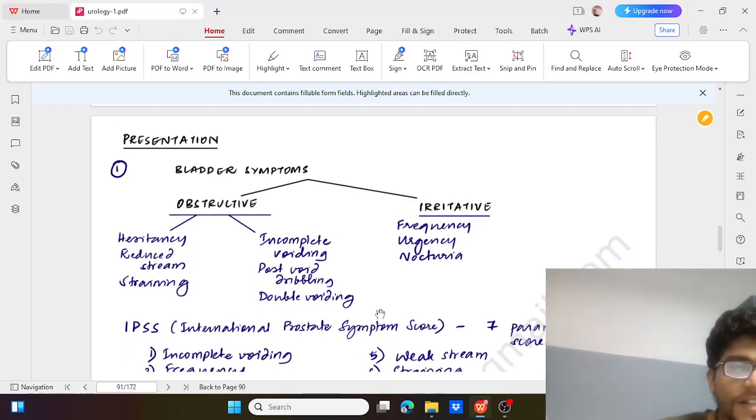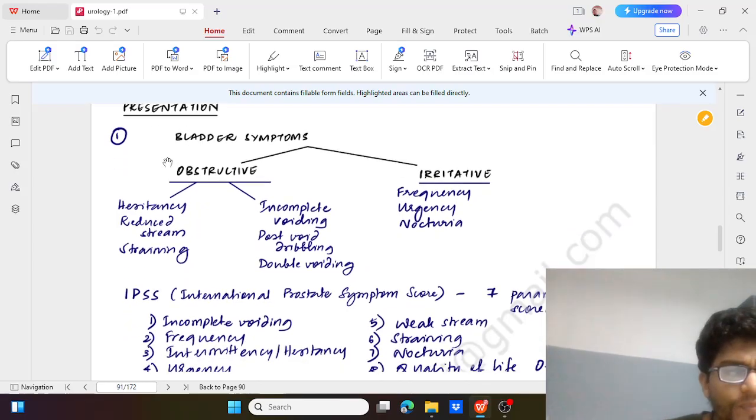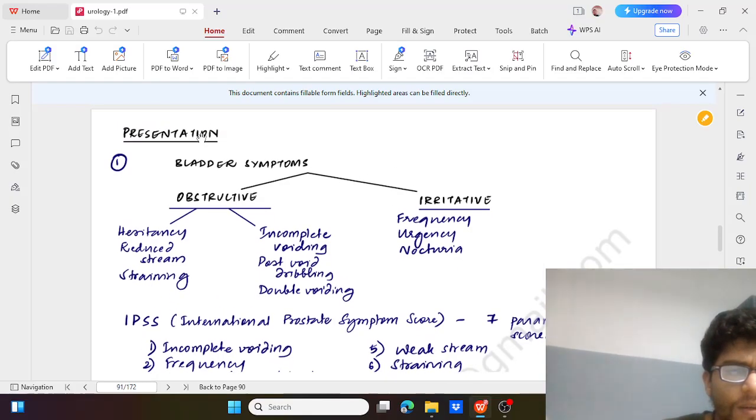Now coming to presentation, especially for the undergraduates, as this has been asked as a clinical case. These are the bladder symptoms that were given in the question: difficulty in micturition and increased night frequency. These are bladder symptoms, also known as lower urinary tract symptoms, LUTS.